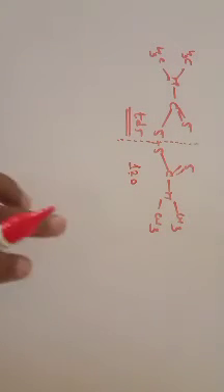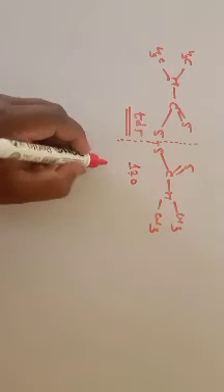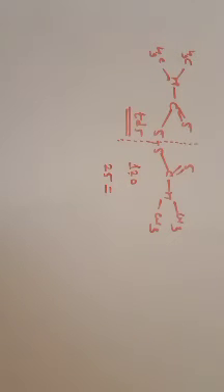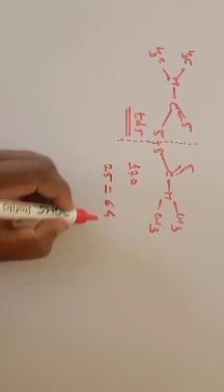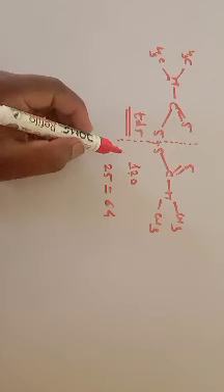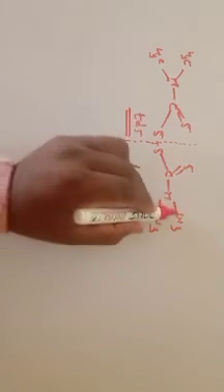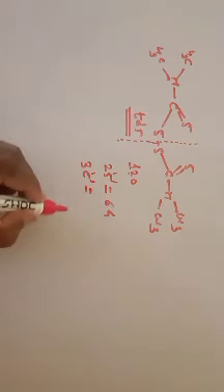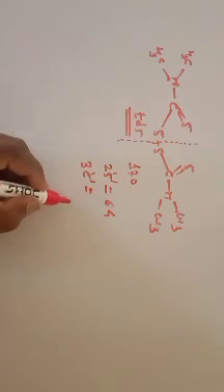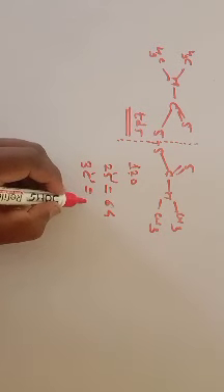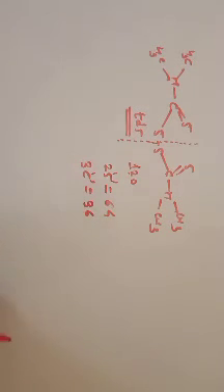If you find out the mass, there are 2 sulfur, and we know that sulfur has atomic mass 32, so for 2 sulfur it is 64. Then there are a total of 3 carbon, having mass 12, so 12 into 3 becomes 36.